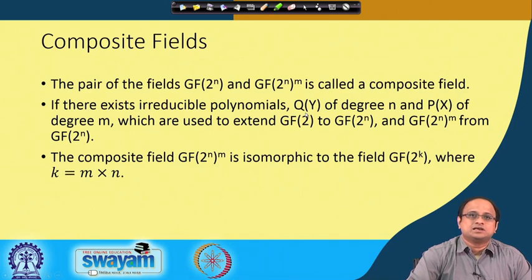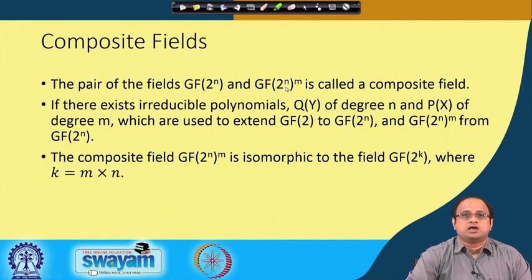If there exists an irreducible polynomial q(y) of degree n, then I can use that q(y) to construct the field GF(2^n) from GF(2), and then I use a polynomial p(x) of degree m to extend GF(2^n) to GF((2^n)^m). So I extend from GF(2) to GF(2^n) using q(y), and GF(2^n) to GF((2^n)^m) using p(x).